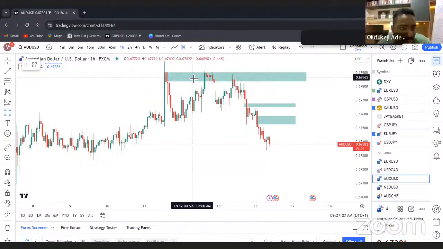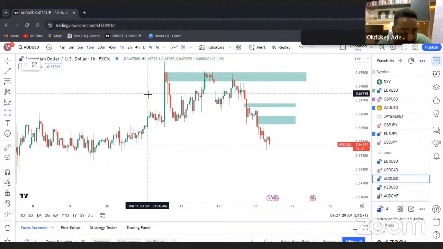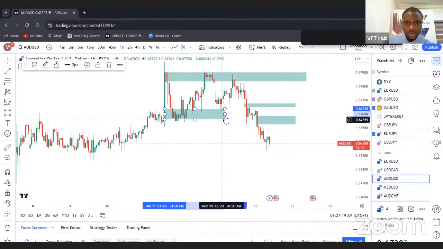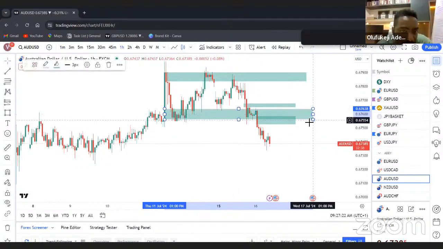The longest green candle is right there. That formed the highest point. Exactly. There is a fair value gap in there. A buy fair value gap. Yes. If you extend it all, exactly. And price only just closed it with that red.